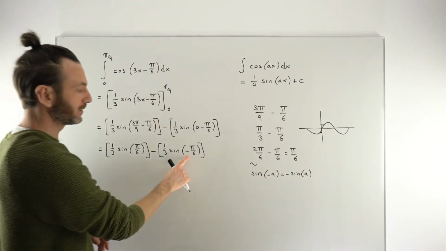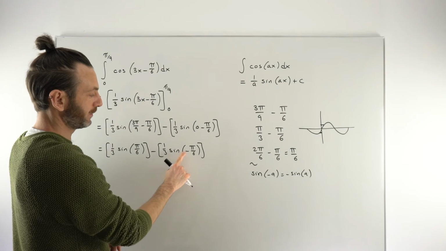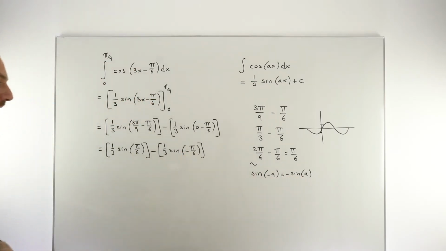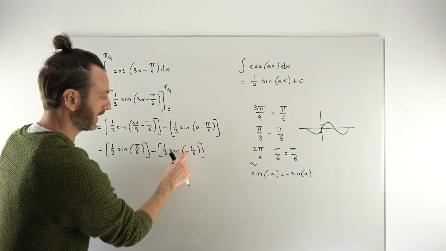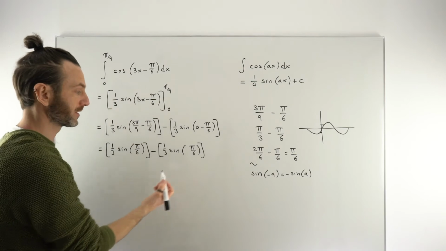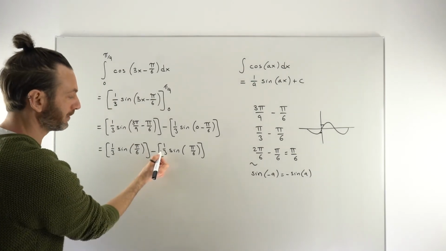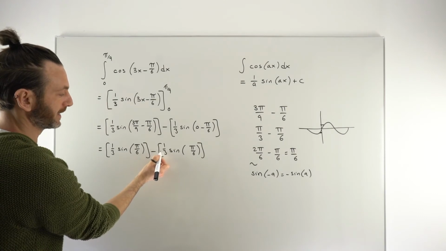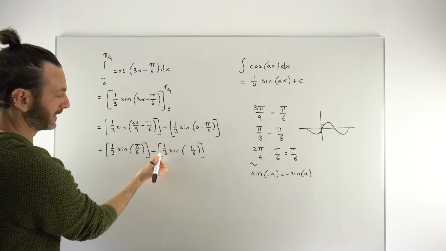So that tells us here then that the sine of negative pi by 6 is equal to minus the sine of pi by 6. So we could actually take our negative out of there. You could write this as another line of working, but just to save the line of working, we could then pop the negative into here. But if I end up with a negative in here, that just becomes a minus minus.